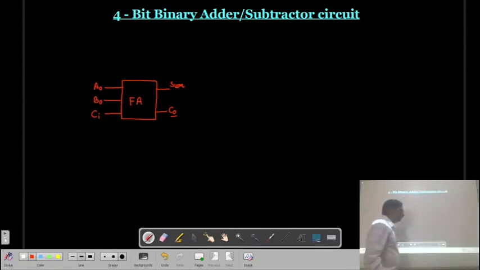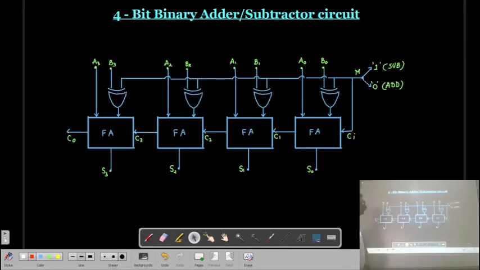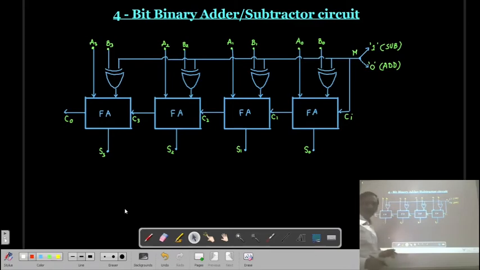Okay, now let us see the circuit diagram. So there is the 4-bit adder circuit. Here remember what we want: the addition of 2 binary numbers. So here we have a logic diagram for the adder and the subtractor circuit.